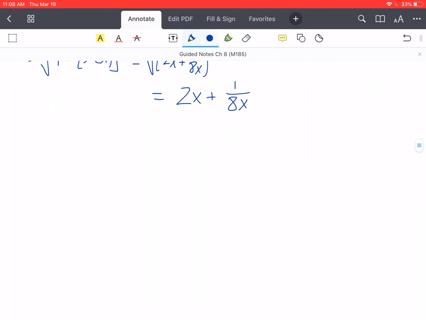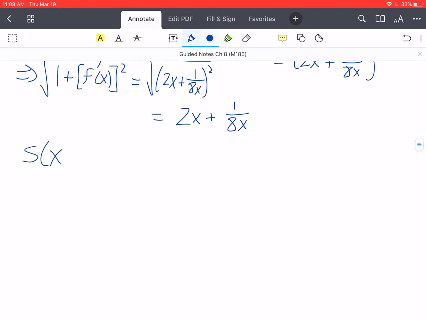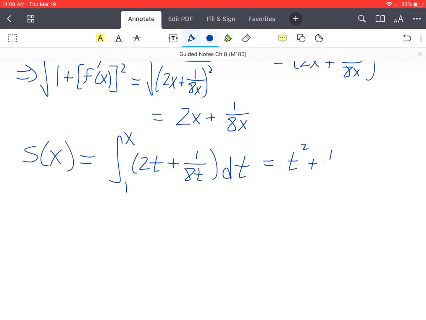So our formula, s of x, is going to be the integral. 1 is the starting point, so from 1 to x of 2t plus 1 over 8t dt, again using t as our placeholder variable. Take the antiderivative of this: that's t squared plus 1/8 ln absolute value of t, evaluated from 1 to x.